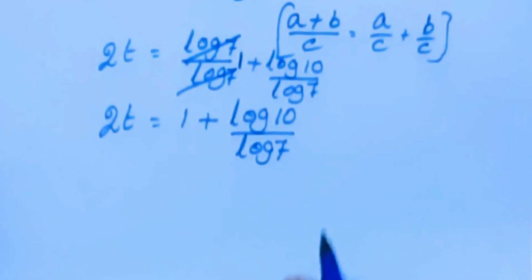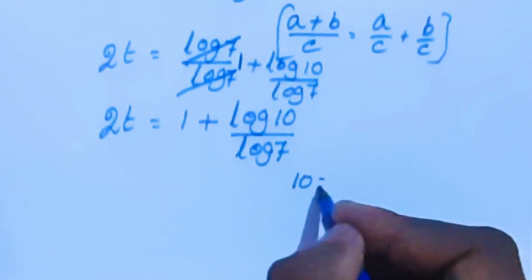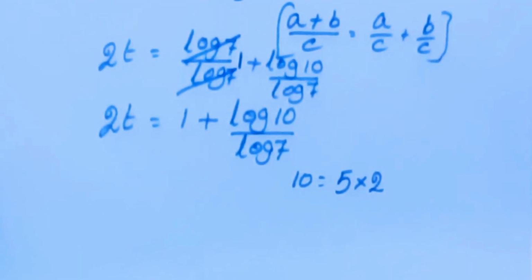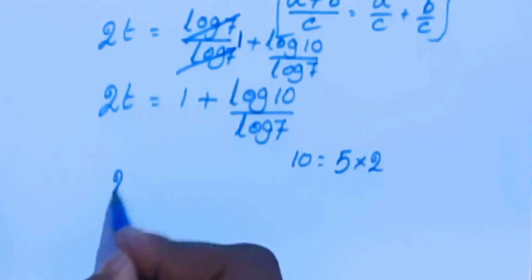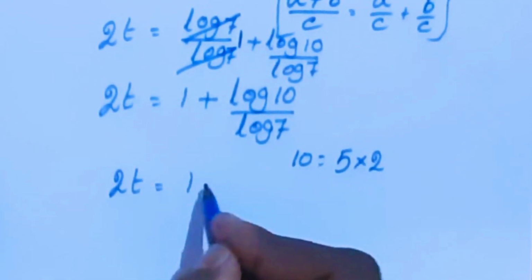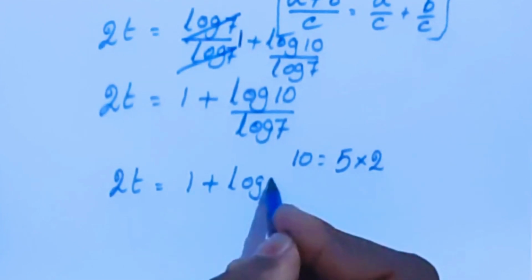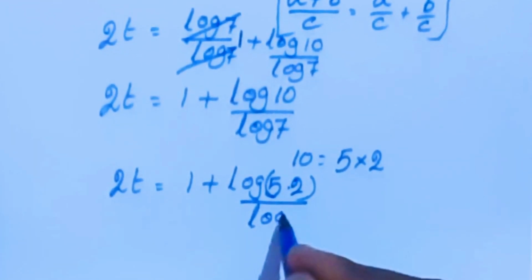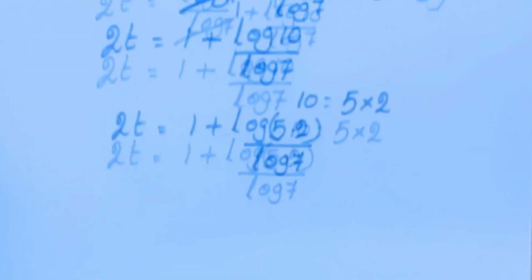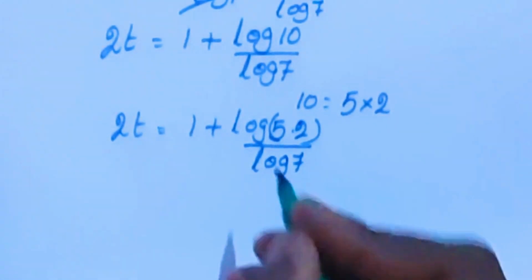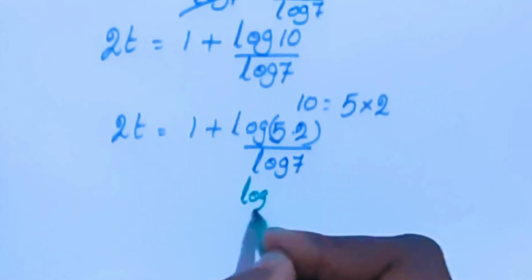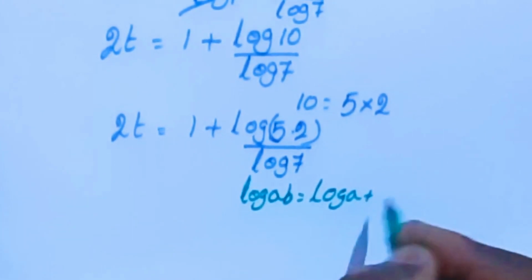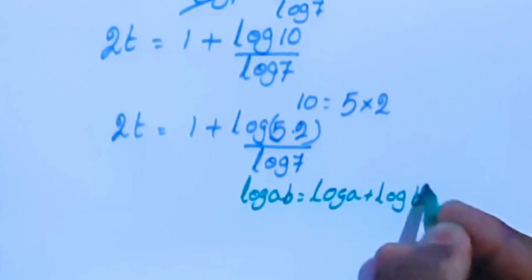Now we are going to write this 10 as 5 times 2. So 2t equals 1 plus log (5 times 2) by log 7. So again we are going to apply this log product formula, log ab equals log a plus log b.